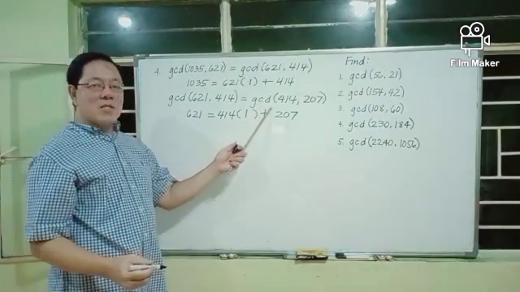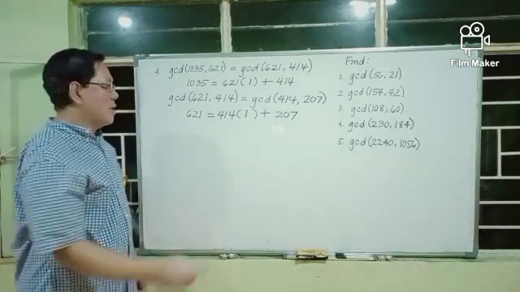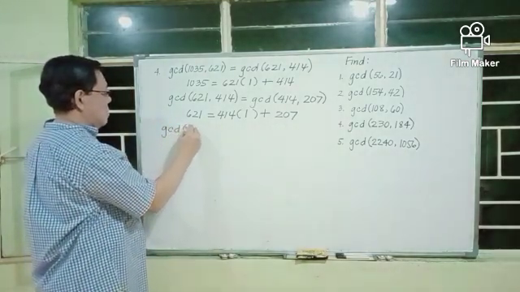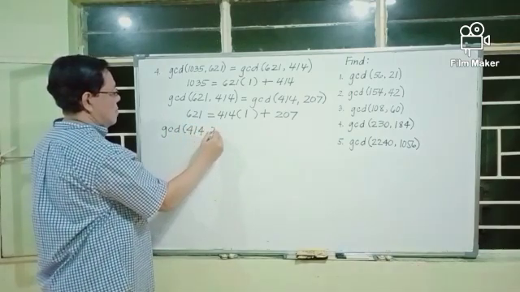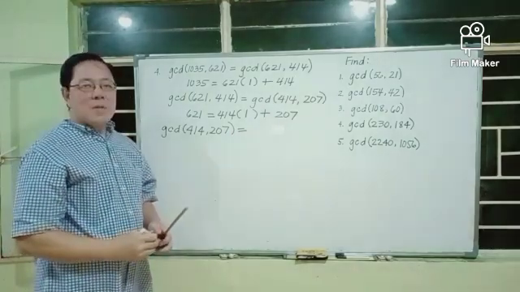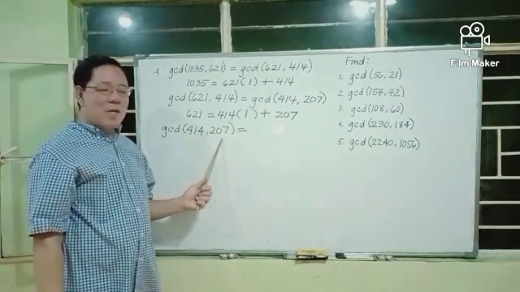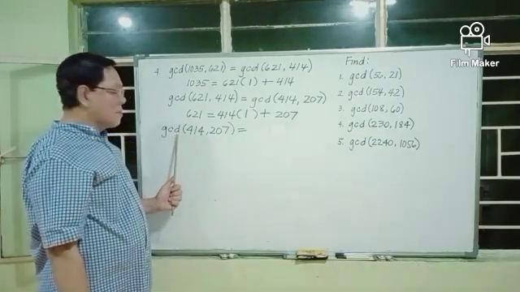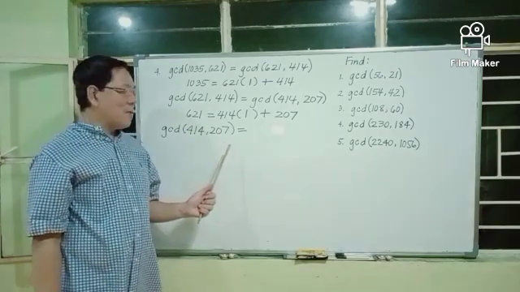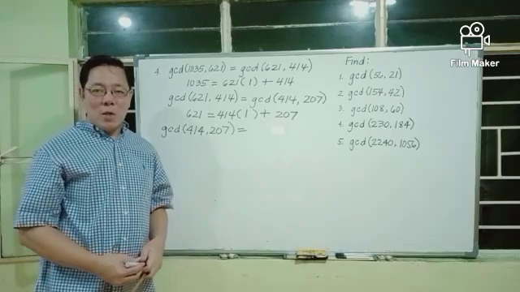Now, we find the greatest common divisor of 414 and 207, where A now is 414 and B is 207. And this greatest common divisor of 414 and 207 equals the greatest common divisor of 207 and a positive integer denoted by R.